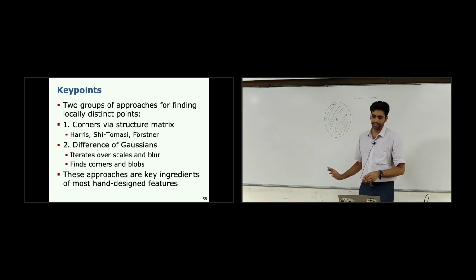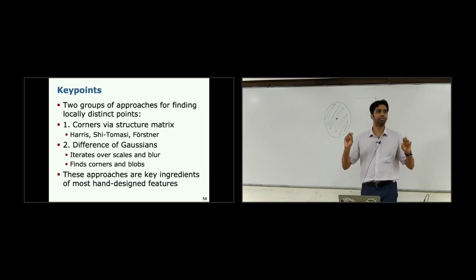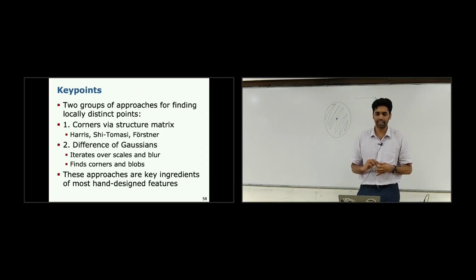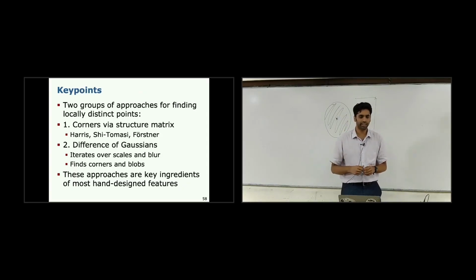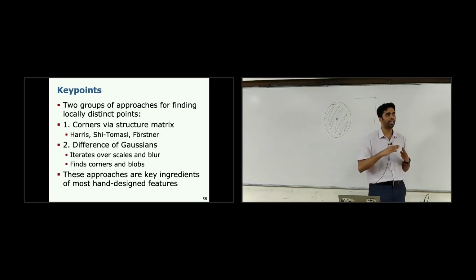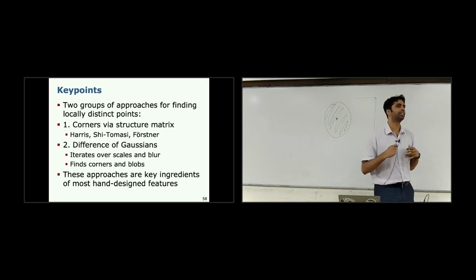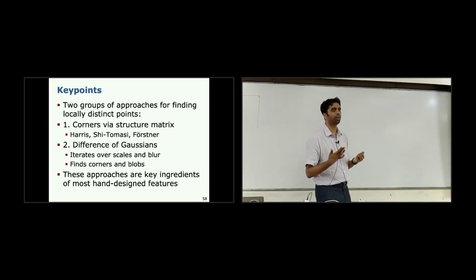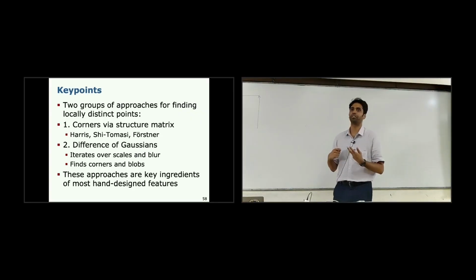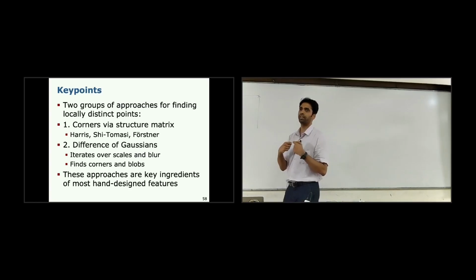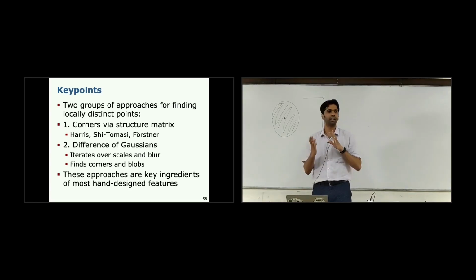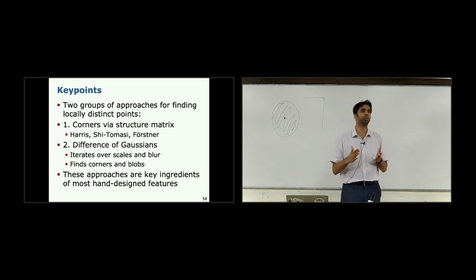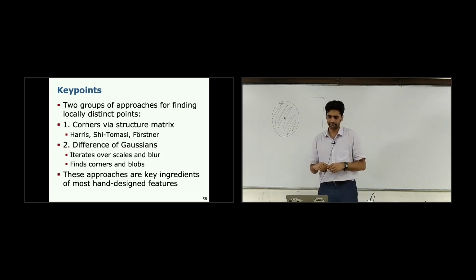Just as a summary, we saw two families of corner detectors. One is using the ideas of the structure matrix, looking at the eigenvalues in a local area, and the other is looking at differences of blurred images. This is a more frequency-based way of looking at the images, where you're trying to capture those frequencies which indicate a change in the intensities.